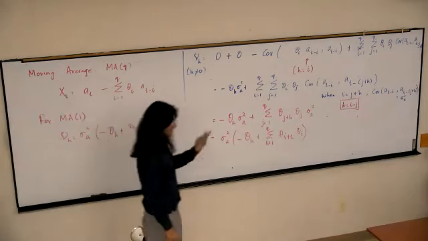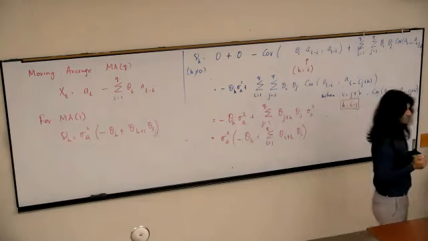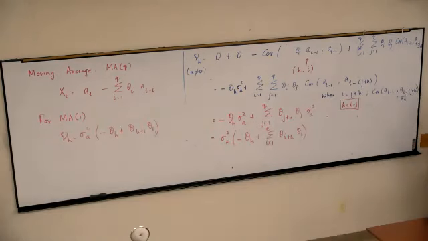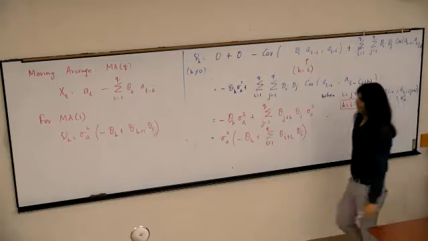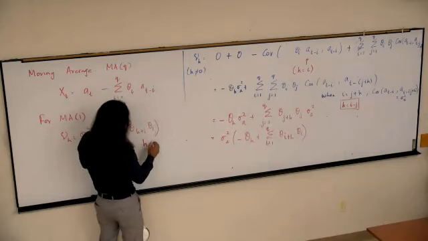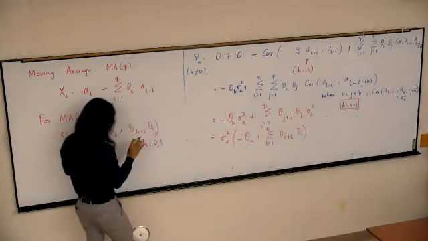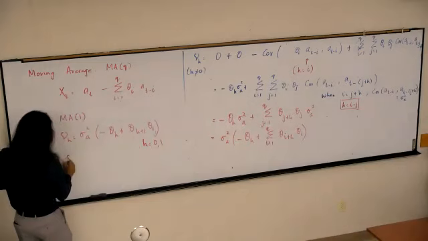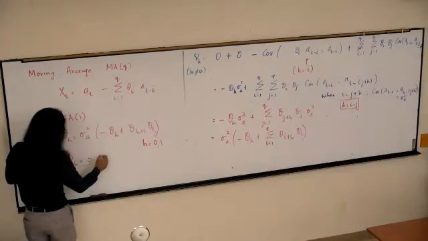Go back to your notes, MA1, when we derived, gamma 1 was equal to sigma squared a times negative theta 1. Is it? I hope it is. Yes? Okay. So our condition here is h has to be from 0 to 1. For any value past that, gamma h would be 0.